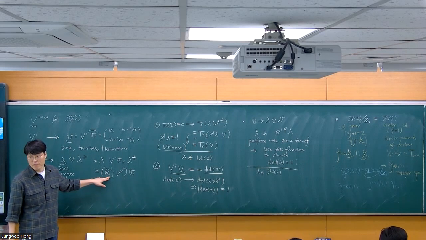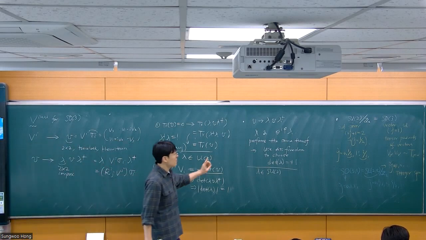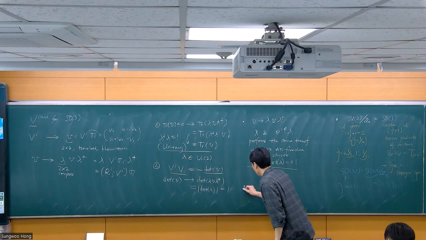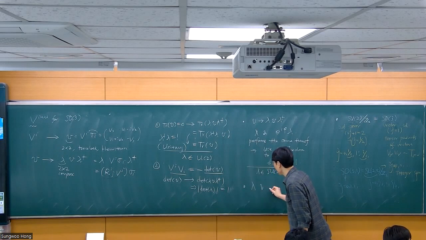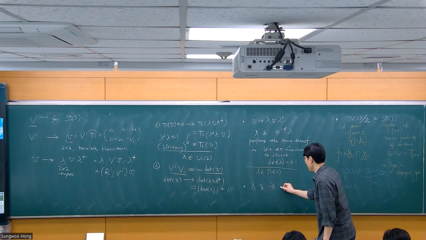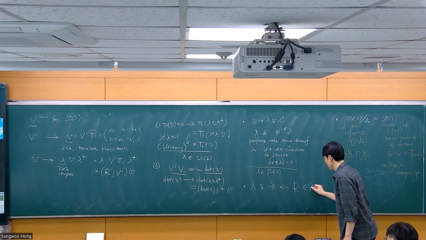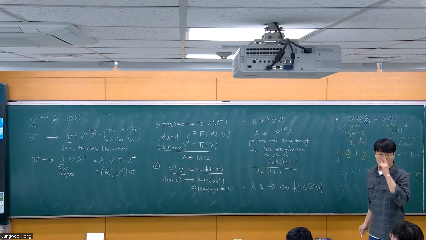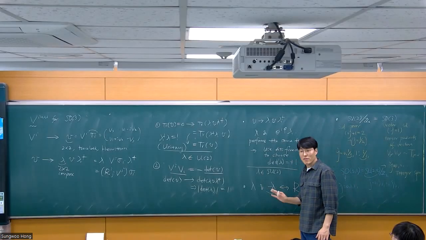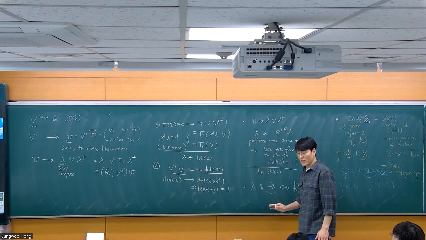Okay? But now there's a caveat. Even after I use this phase freedom, there's still something left over, which is to say that lambda and minus lambda are associated with the same rotation. Remember, I'm talking about 2 by 2 matrices. You might say, is this determinant 1?